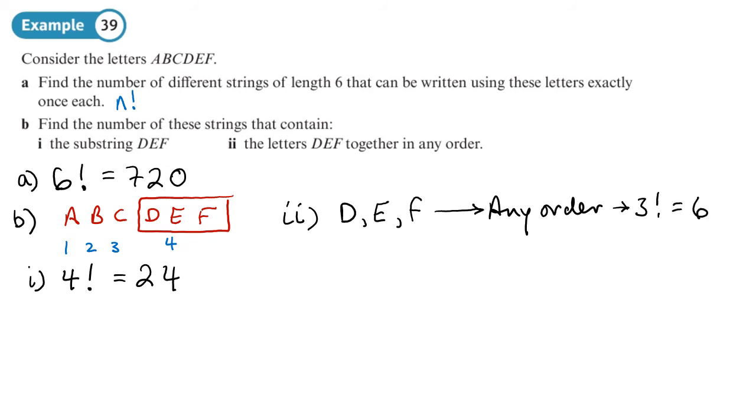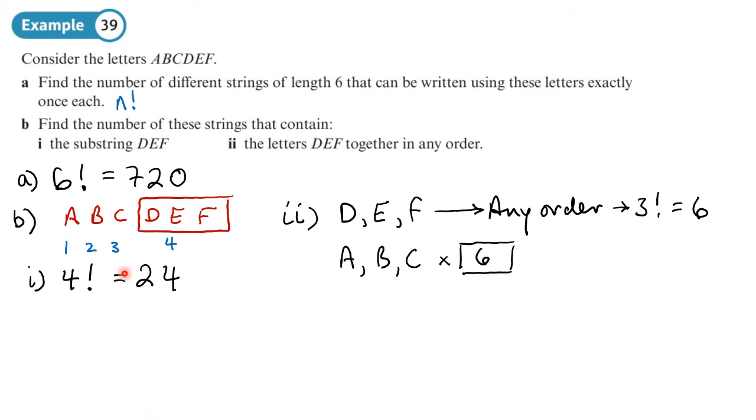So we can now think of this question like this: the A, B, and C, then this other set of letters, which can occur 6 times.